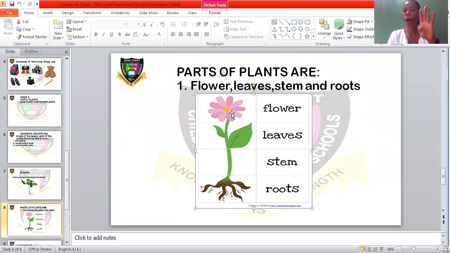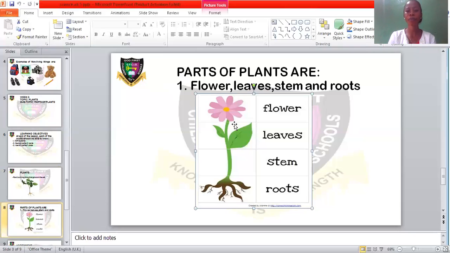How many parts of plants do we have? 4. Now let's name them: flower, leaves, stem, and roots. Let's take it again: flower, leaves, stem, and roots.